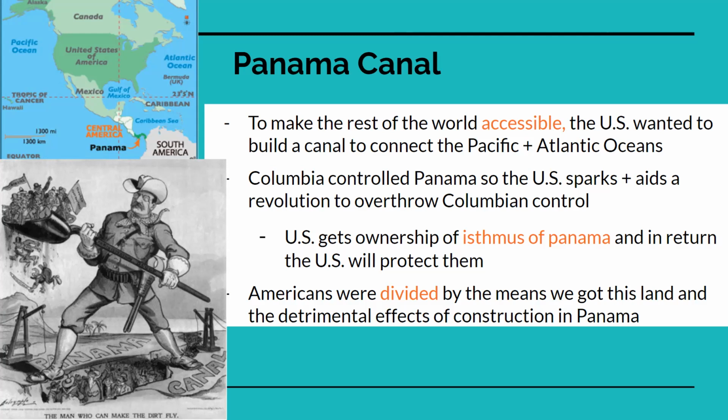And so once they're independent, we lean on them in their more vulnerable state, without a really representative or stable government just yet, to sign this treaty that allows us access to build the Panama Canal and grants us ownership of that piece of land. And Americans are divided at home because we destroyed the environment of Panama. Even to this day, they have significant environmental concerns because of the construction that surrounded the canal.